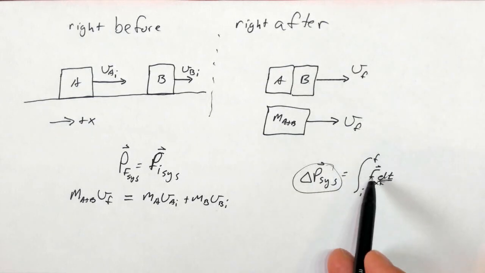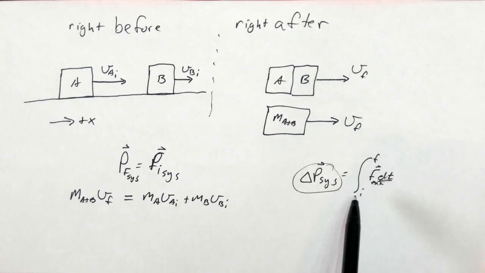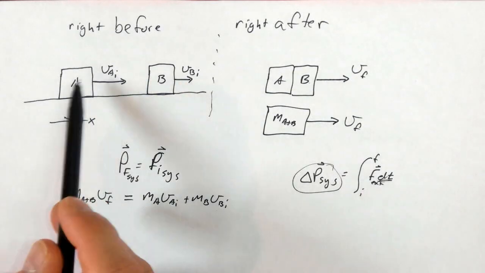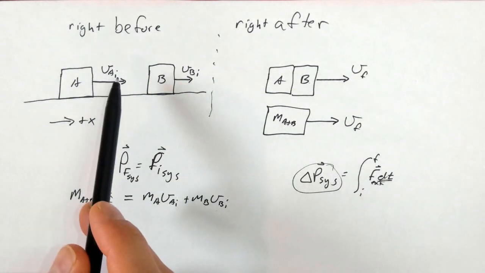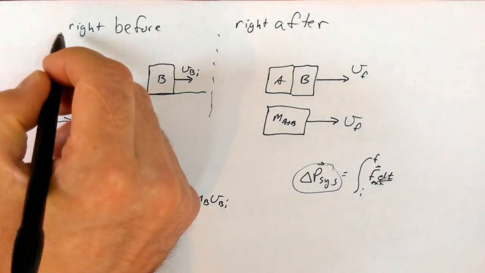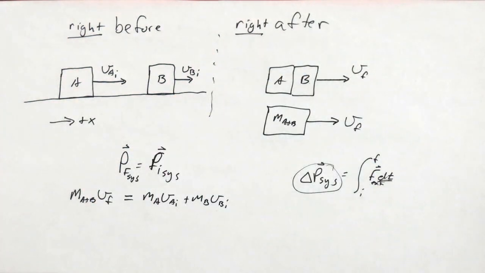I don't care if there's friction in the problem. I don't care if there's gravity in the problem, because the time is too small for them to have an effect over that small time interval. That effect is super small compared to the massive forces of the collision itself. So in thinking about doing collisions, you have to remember we're analyzing right before and right after the collision.